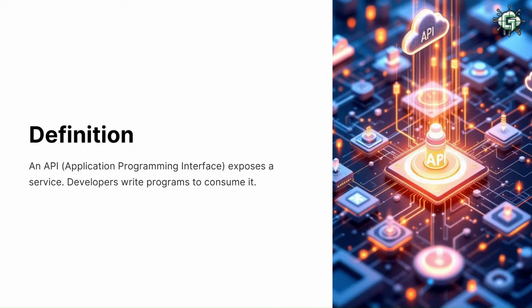Formally, an API, application programming interface, is a way to expose a service so other programs can use it. Developers write programs that talk to APIs to get data, send data, or trigger actions. But in our case, we are going to learn how to use the n8n platform to avoid coding.